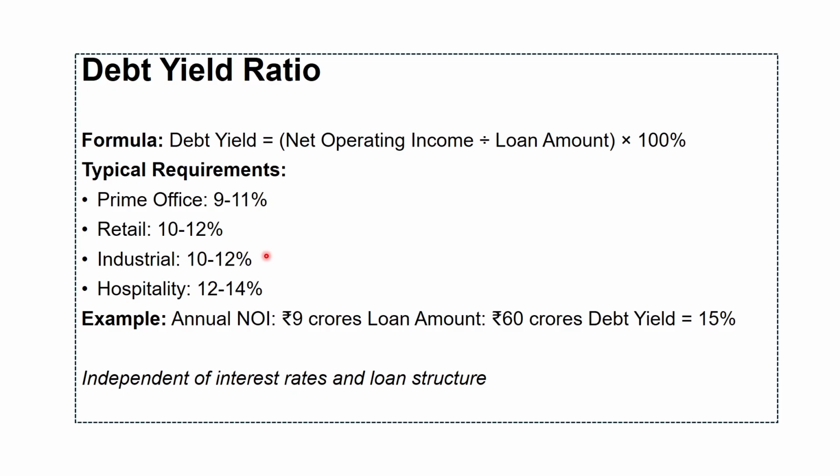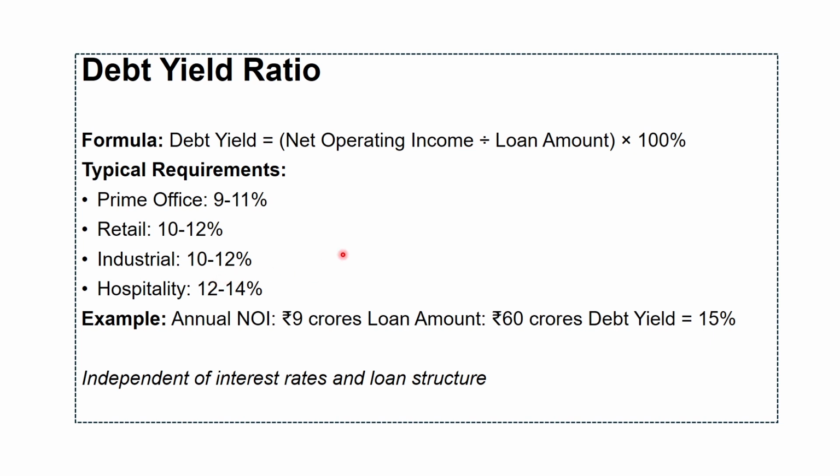Requirements are 9 to 11% for prime office, 10 to 12% for retail, 10 to 12% for industrial, and 12 to 14% for hospitality. Again, we can clearly see that the ratio is not universally applied. It depends on the kind of business, whether it is prime office, retail, industrial or hospitality, and that consideration is kept in mind.